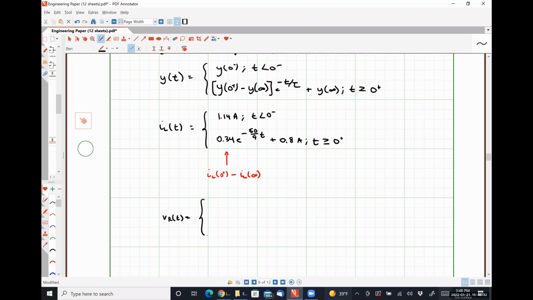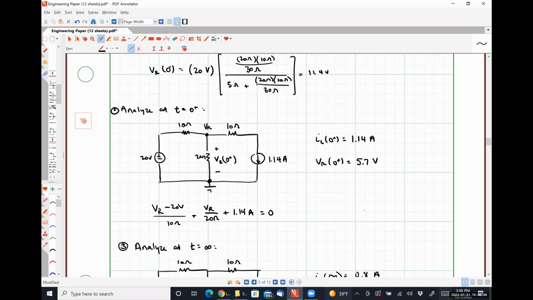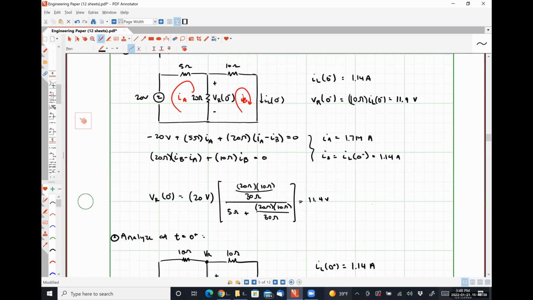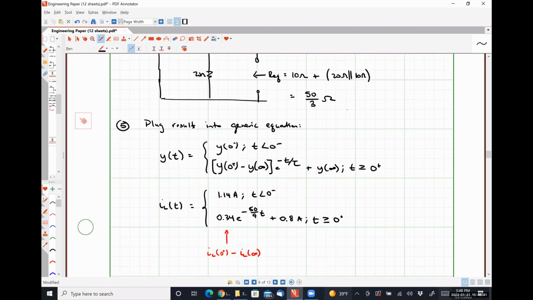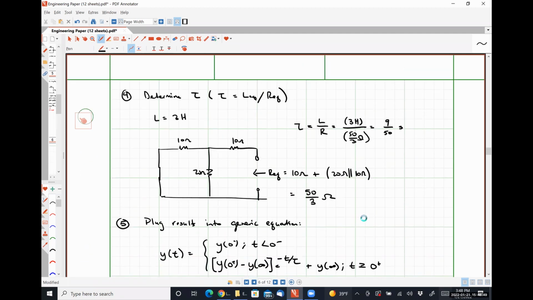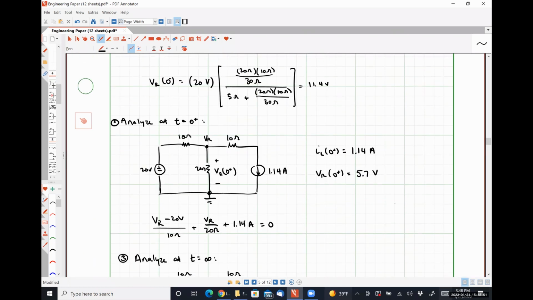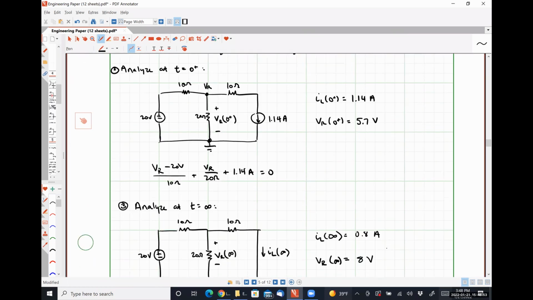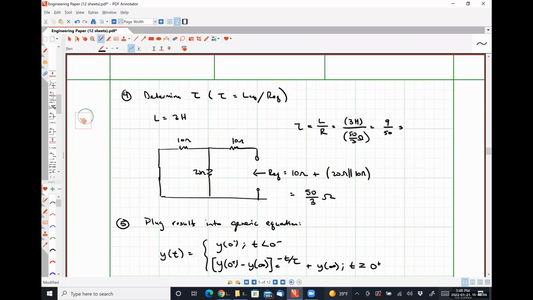And VR of t. Oh gosh, I don't remember what that value was. Let's look up here. 11.4 volts. And then we would have 5.7 minus 8.